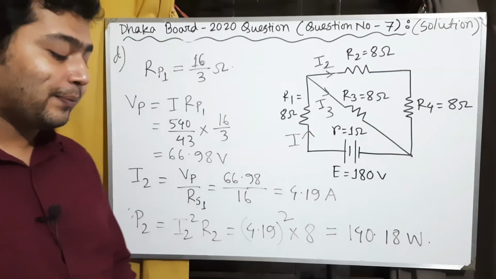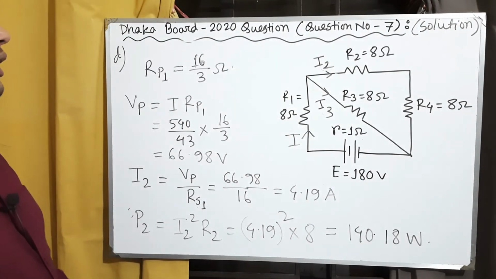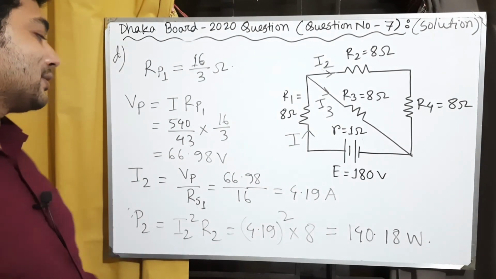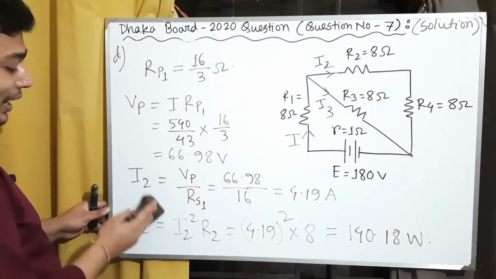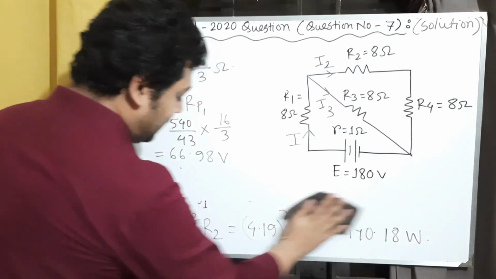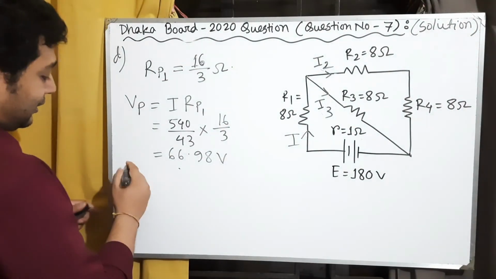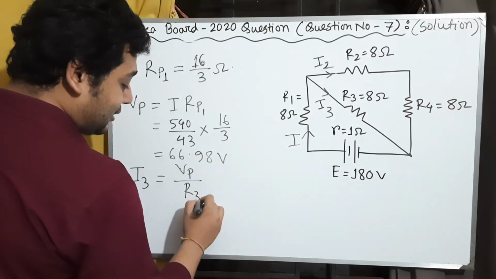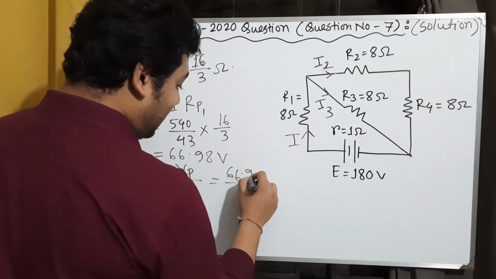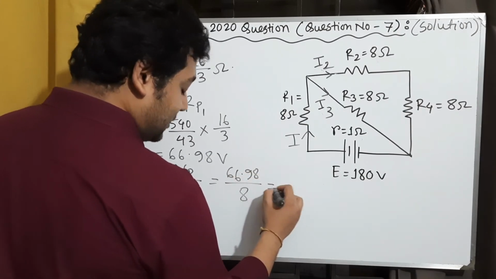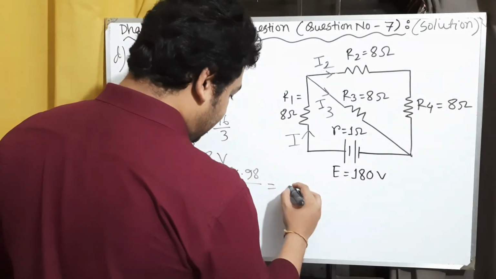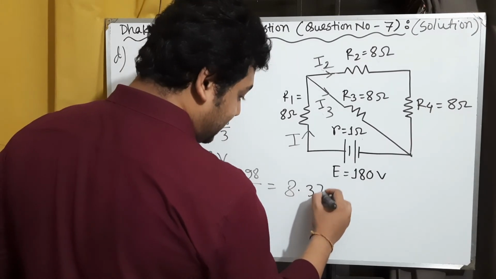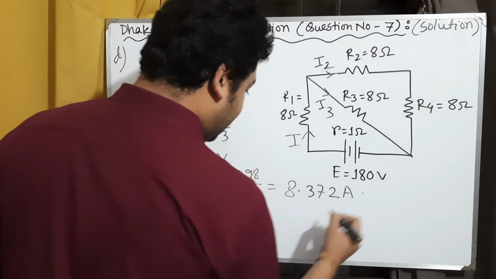Now we will calculate the current I3, because I3 passes through R3. I3 equal to Vp by R3. Vp is 66.98 and R3 is 8, so we get 8.372 ampere.